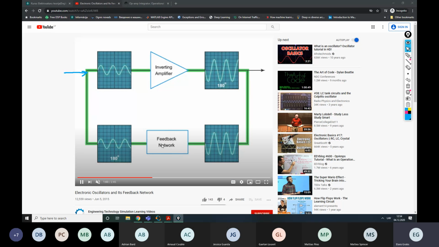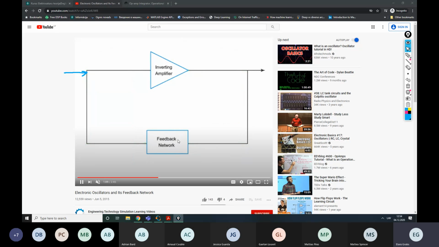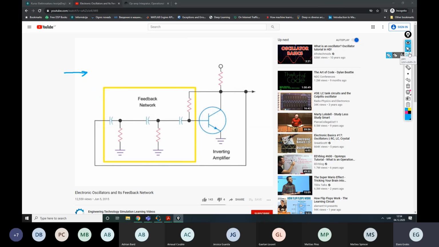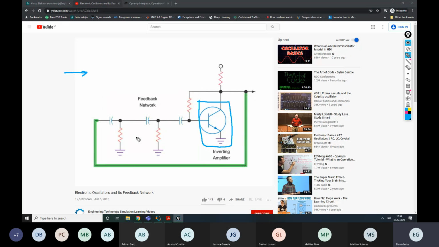Now, this video will also show what's inside this feedback network and how it works. For the amplifier, in this part, we are going to use just a single transistor, but you can of course also use an operational amplifier. For the feedback network, you can see that this is some kind of filter consisting of capacitors and resistors. So here our phase after this first capacitor will change by 60 degrees. Each capacitor will change the phase by 60 degrees.